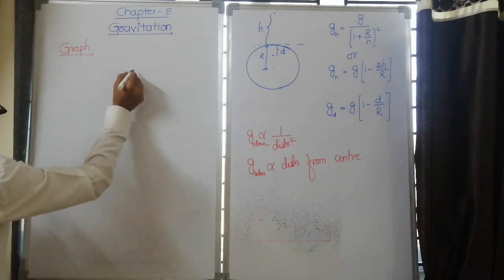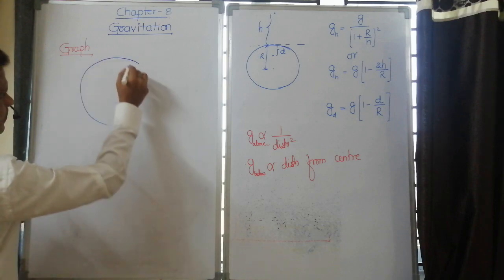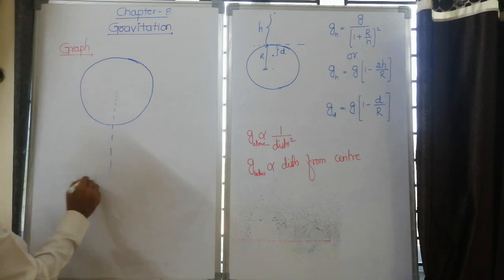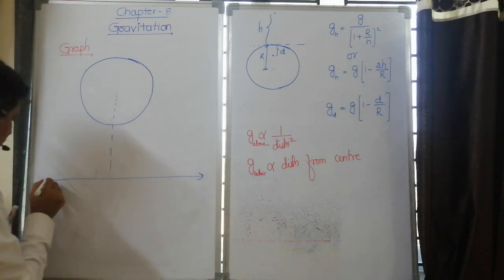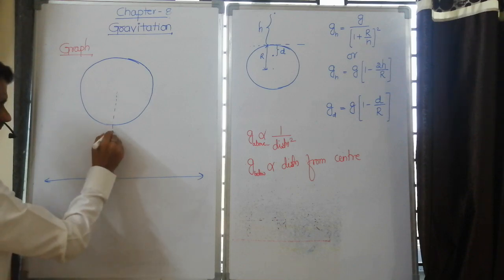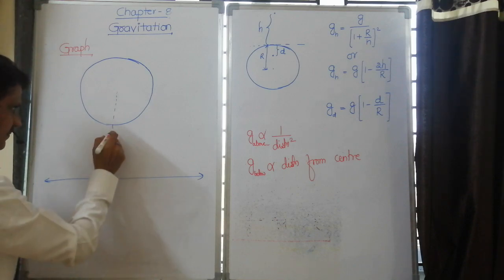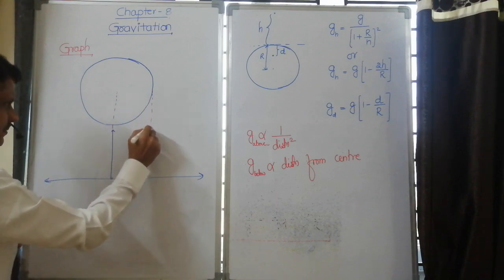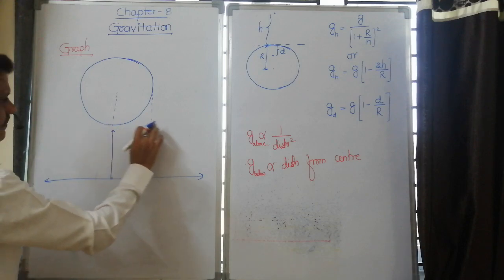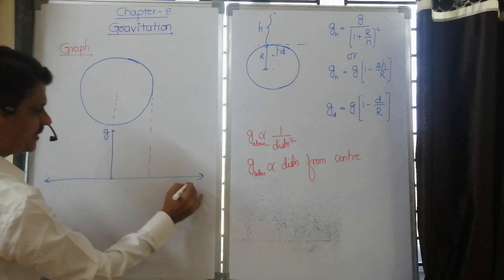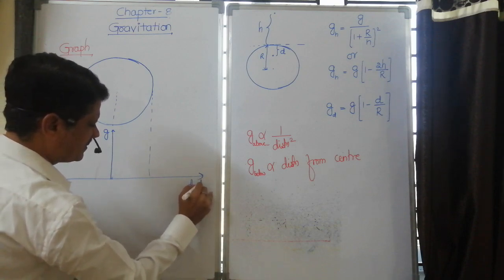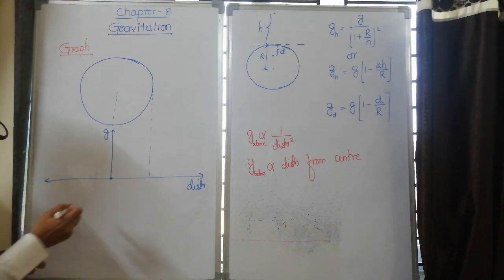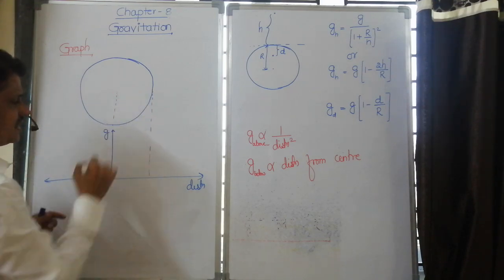Suppose this is the earth and it is the center, and I draw the graph up to the surface, here is g, here is distance.